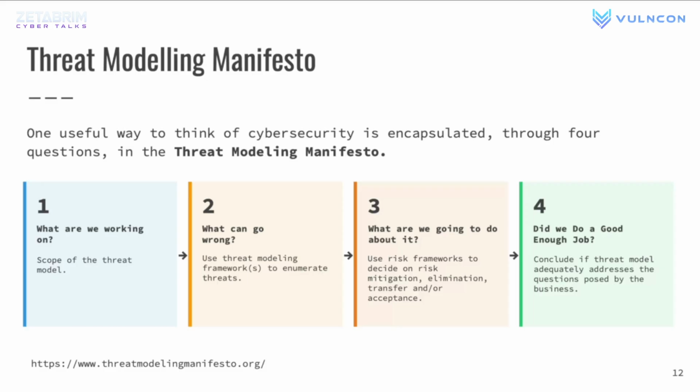And the last question of whether you do a good enough job is very important, because if you talk about mitigations, there are many different kinds of mitigations that you can introduce in a threat model. But sometimes they are overkill, sometimes they are not enough. So we need to know whether we do a good enough job.